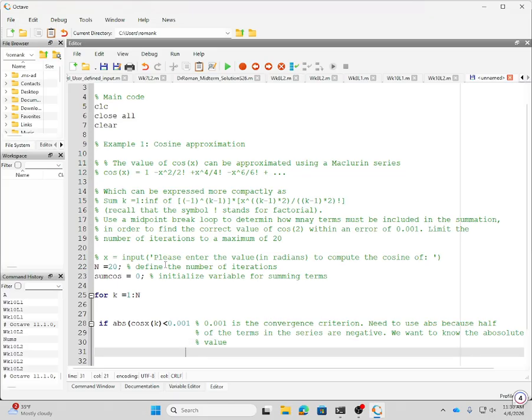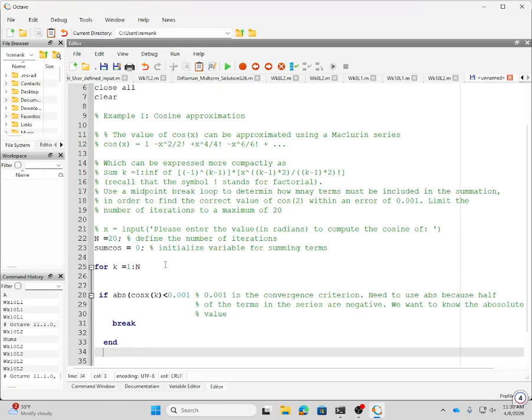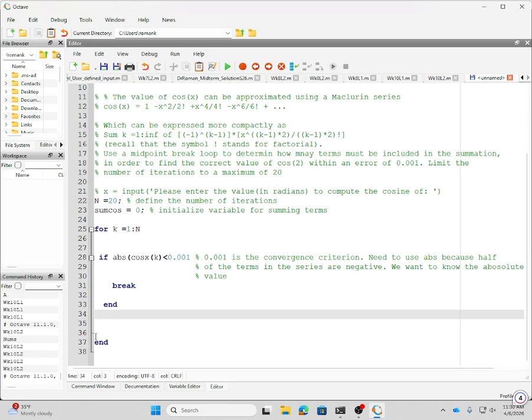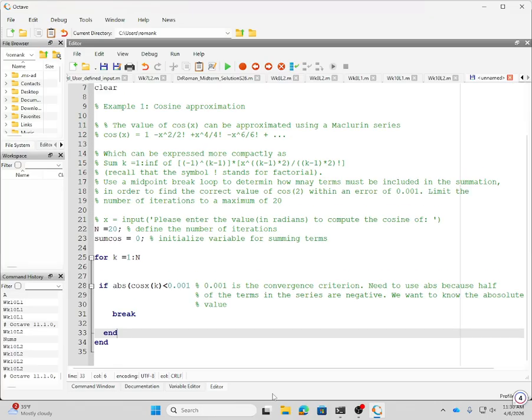So what happens when you have this thing converge, or the value is less than 0.001, then you're gonna use this function called break and end this. Okay, and this last end here is for the for loop. This end is for the if statement. So you'd like to write the if statement and the end for the if statement, and this break.